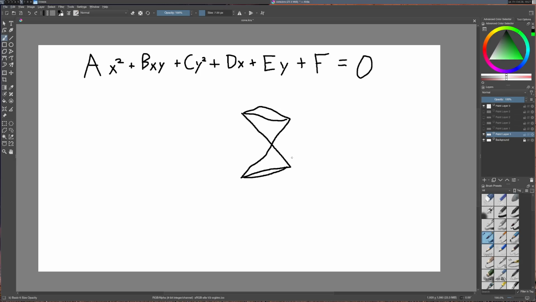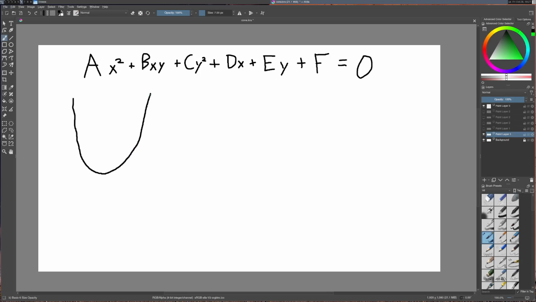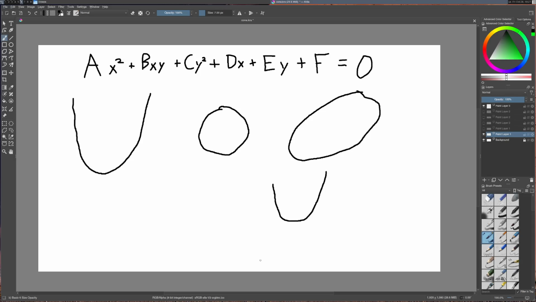Imagine taking a slice with a 2D plane, and that would be the shapes they give you. Let me show them. You could get either a parabola, a circle, an ellipse, or a hyperbola.